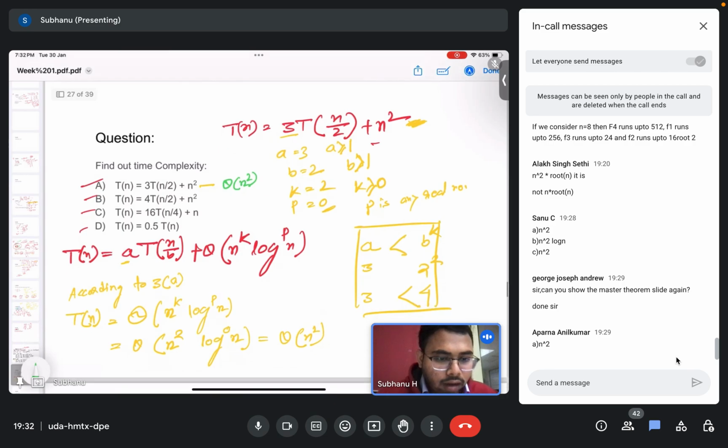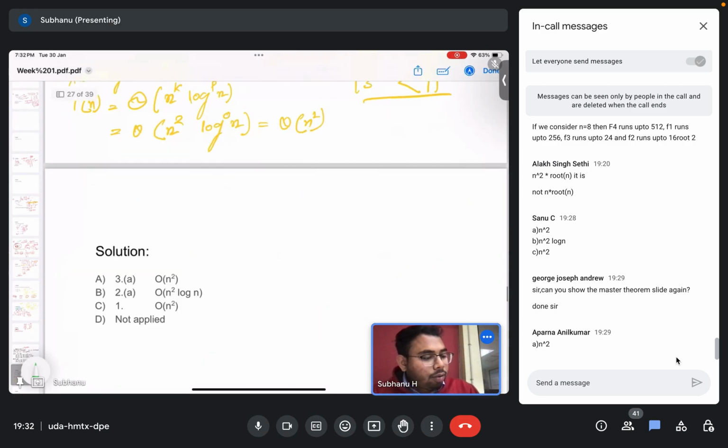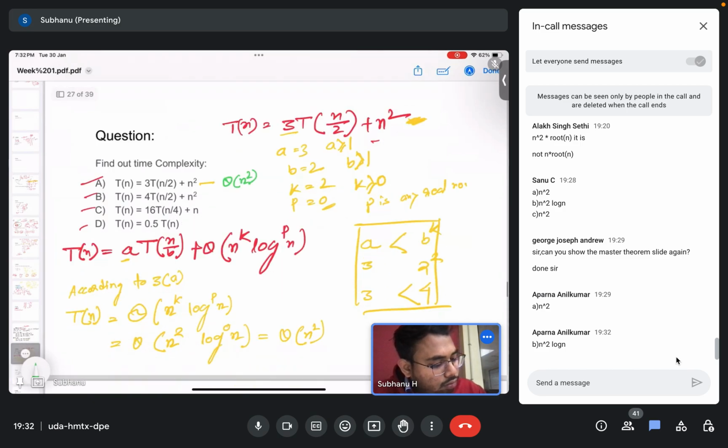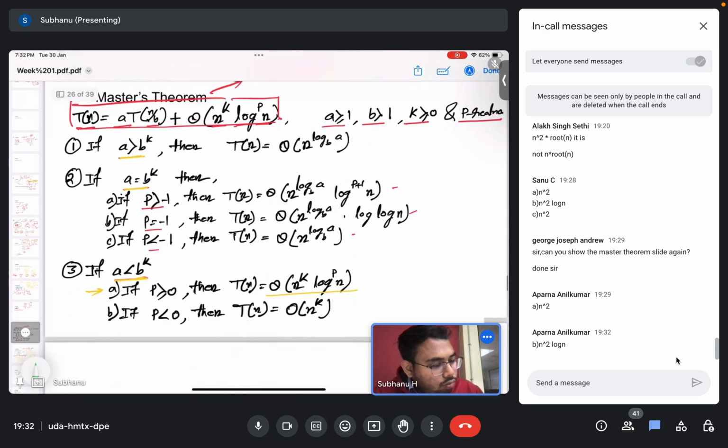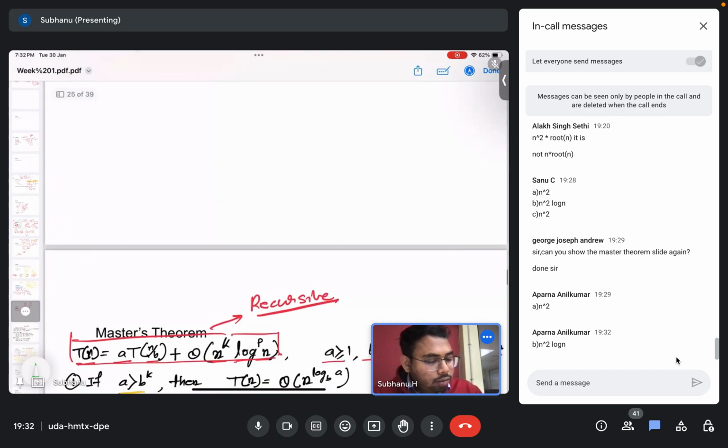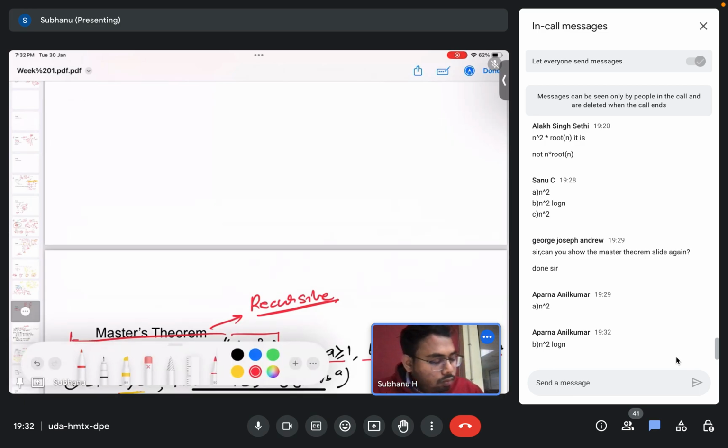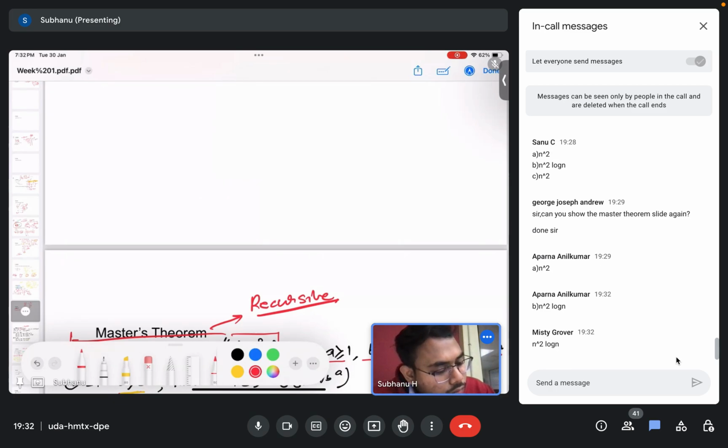So I think it is clear how we are doing this. Now problem number B. Our problem number B was Tn is equal to 4T n by 2 plus n square.